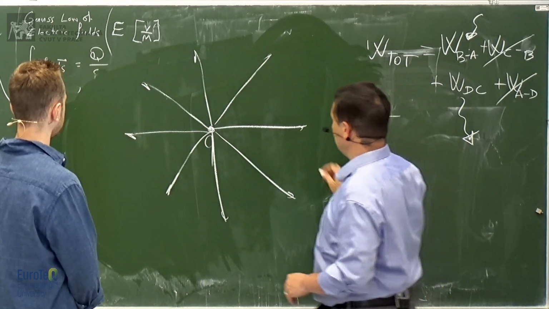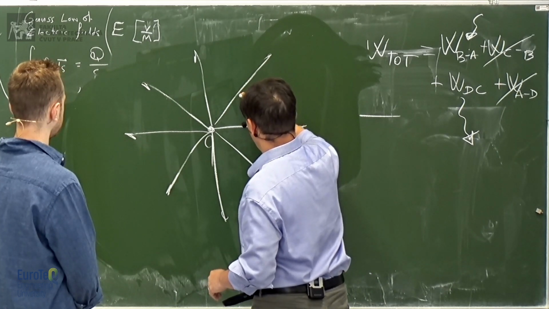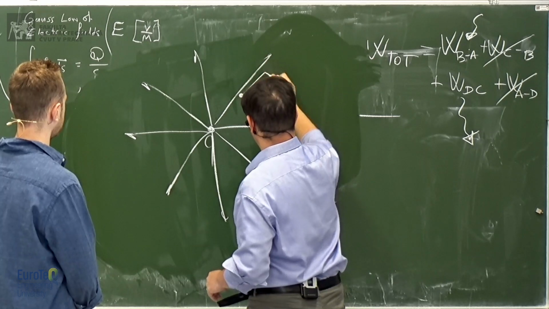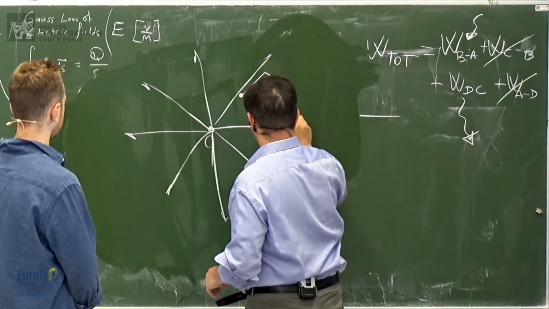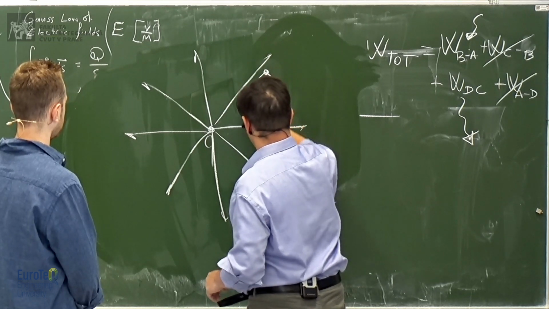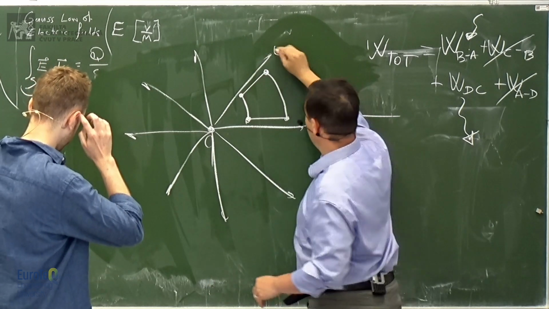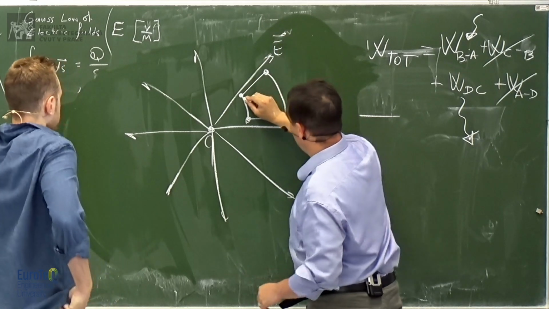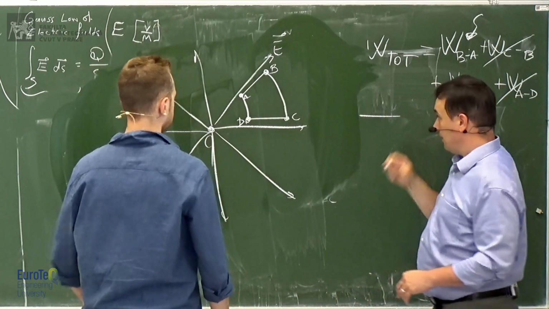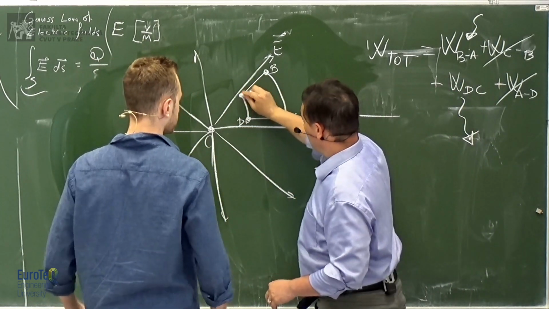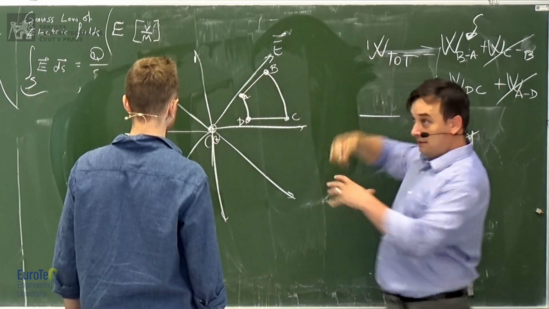And let's say that your loop will be like this. So this is the electric field. You have points A, B, C, and D. Let's say that you have a positive charge here, so that's why the field radiates.